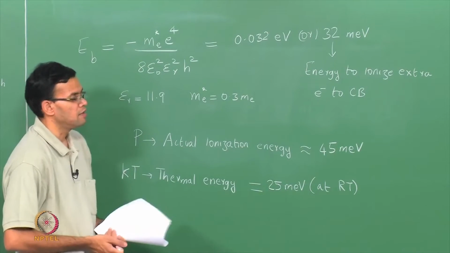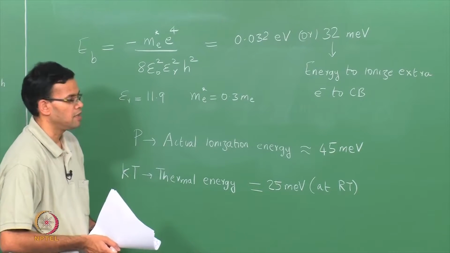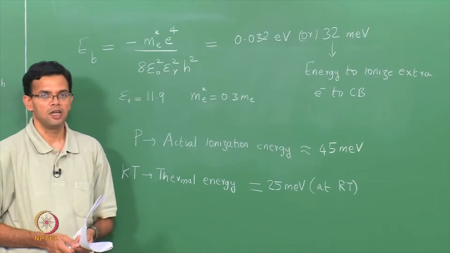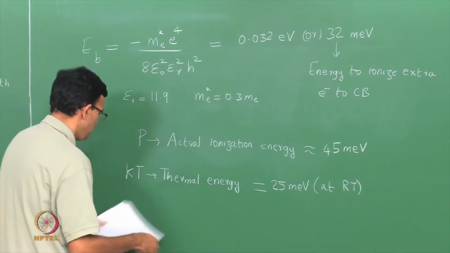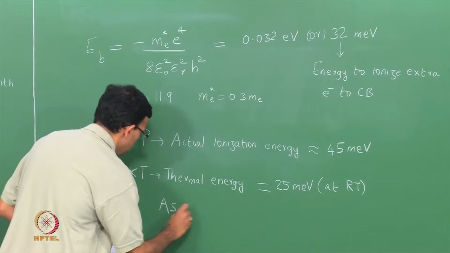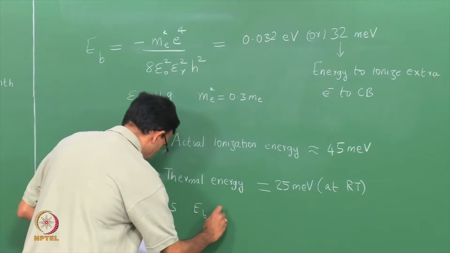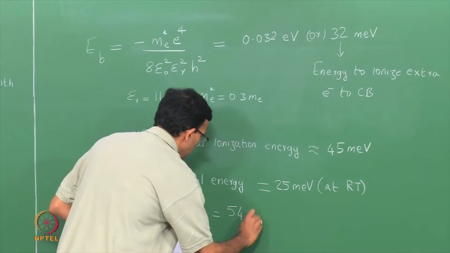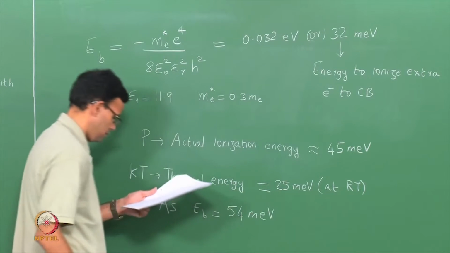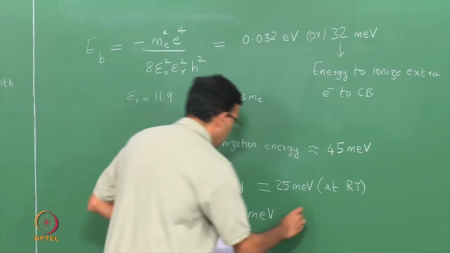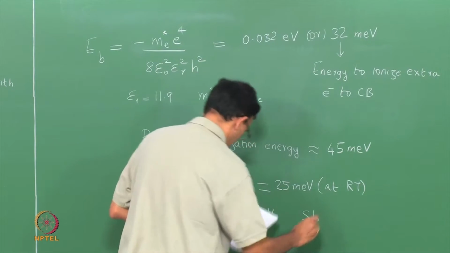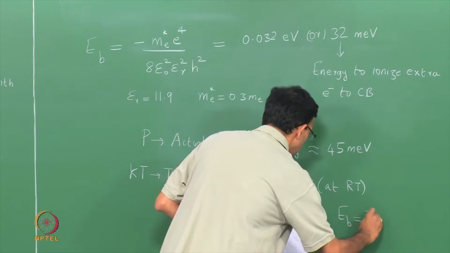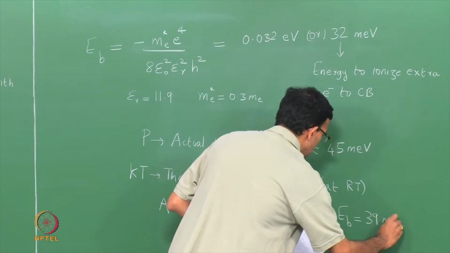We said there are other group 5 dopants like arsenic or antimony. If you look at ionization energies for these, they are also very similar. If you have arsenic, the ionization energy is around 54 milli eV, and if you have antimony, the ionization energy E B is around 39 milli eV.